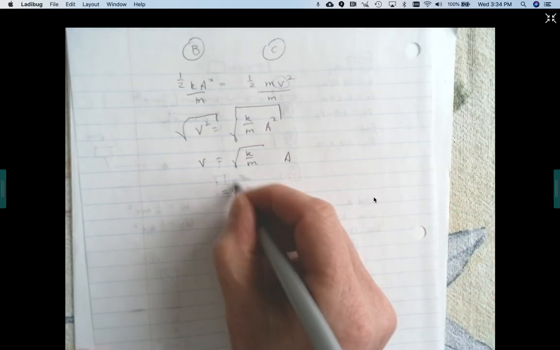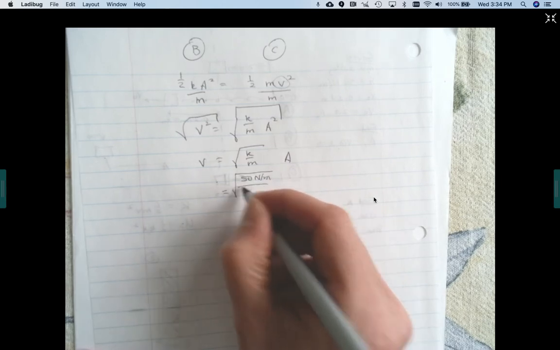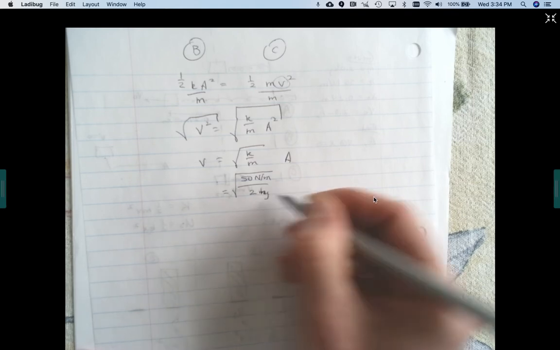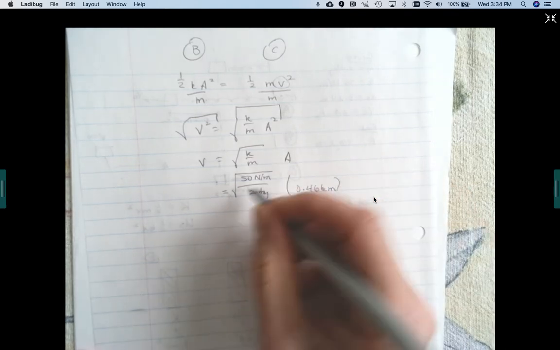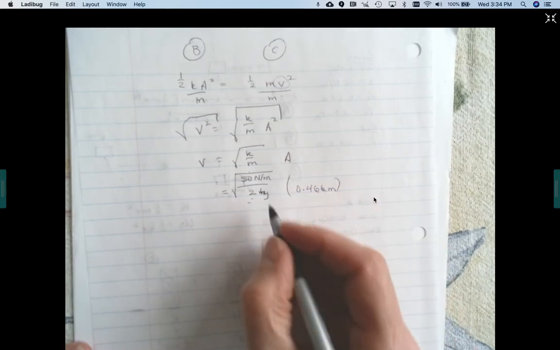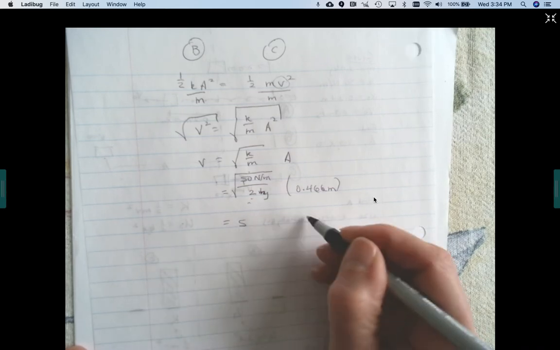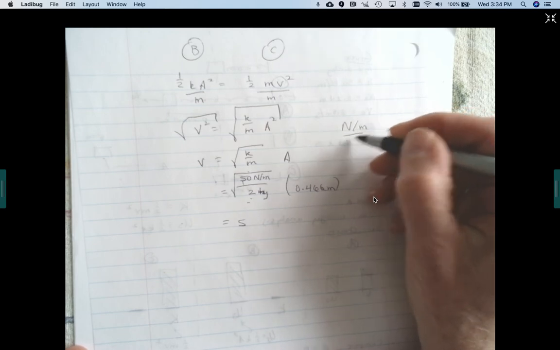So k was 50 newtons per meter. Our mass was 2 kilograms. And then our amplitude, we said, was 0.466 meters. So 50 divided by 2 is 25. And then we take the square root of that, that's 5. And then what are our units? So we have a Newton divided by a meter divided by a kilogram.